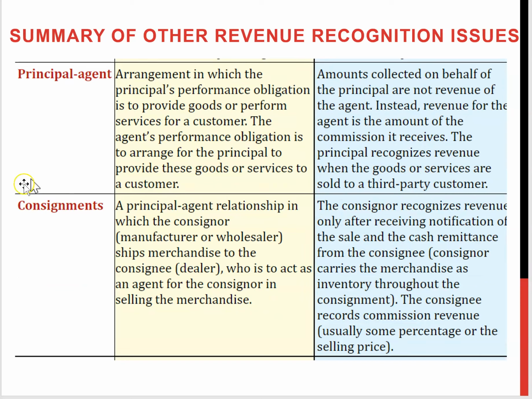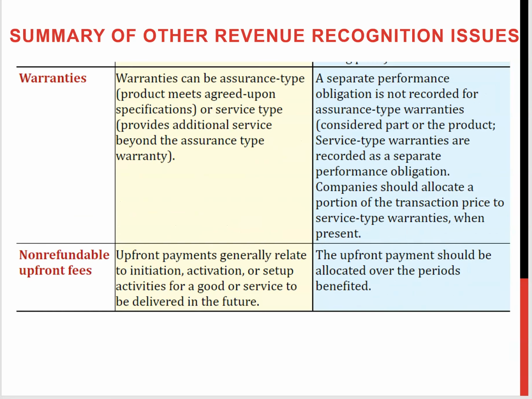We also saw the examples of principal, agent, and consignment. Remember, the consignee or agent should not record the entire amount as revenue, rather just the commission fees. And you saw several journal entry problems that you need to practice and know really well. Later we saw warranties, and how we record different types of warranties, whether service type or assurance type.